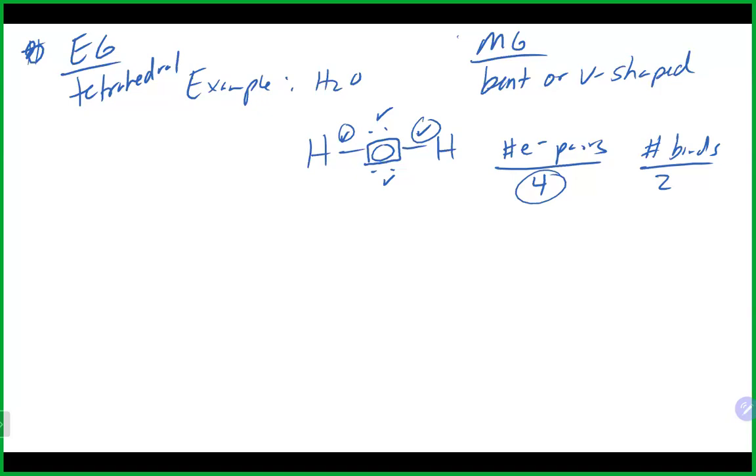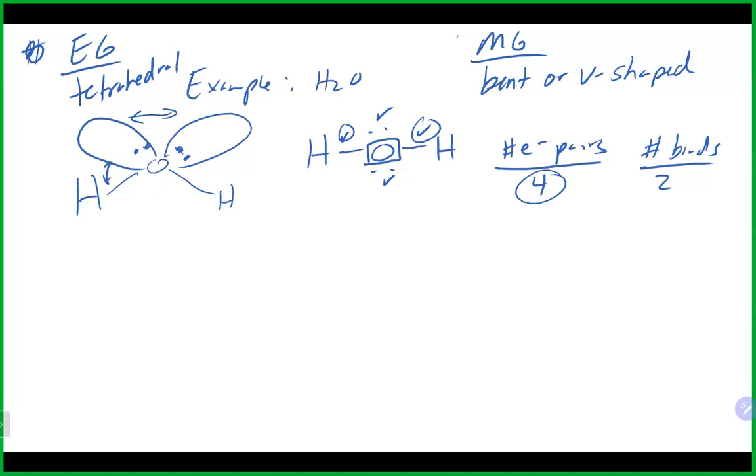And this is why, for example, that we will be using angular for that previous one, because this is really bent or V-shaped. And what happens in this situation is very similar. We end up with our non-bonding electrons, which basically is the worst sort of interaction you could have. So they like, I'm going to go this way, I'm going to go this way, and try to get as far away as possible from each other.